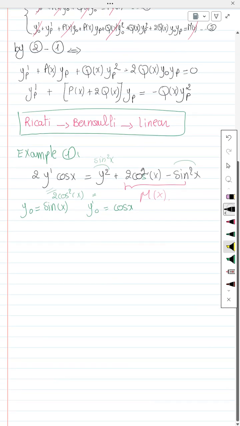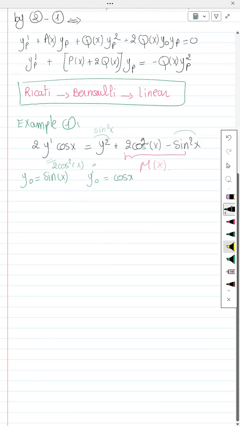The second question says to solve this differential equation. So let's get started. As you can see here, we have 2y' cosine x equal to y squared plus 2 cosine squared x minus sine squared x.